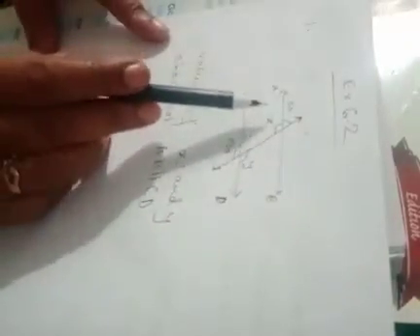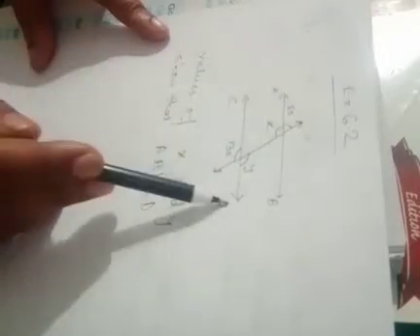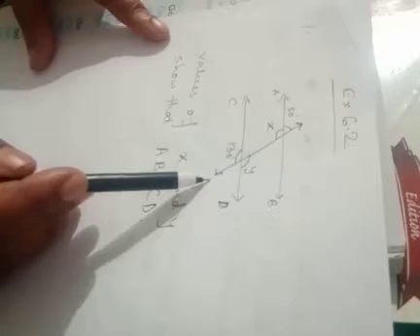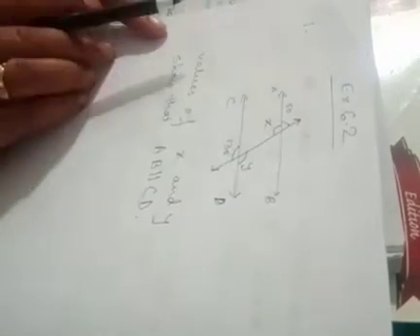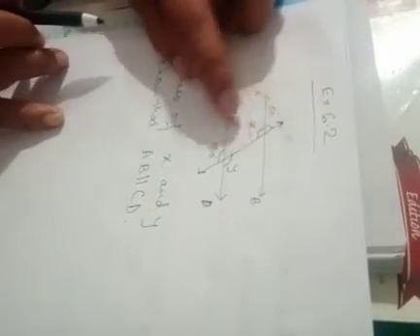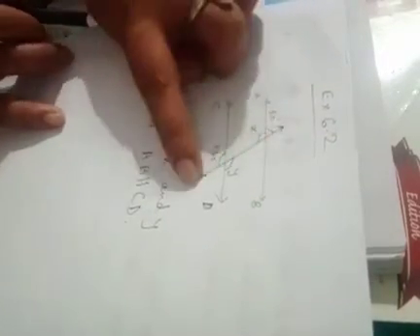Okay. Now let's start exercise 6.2. Question number 1. Look at this figure. Here AB and CD are two parallel lines and this line is the transversal line. So you have to find the values of X and Y. Now you know that this transversal line is a straight line.